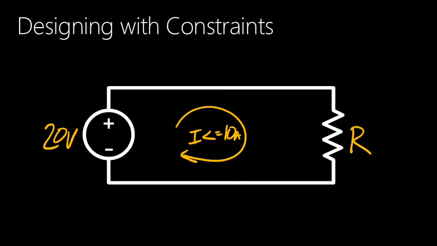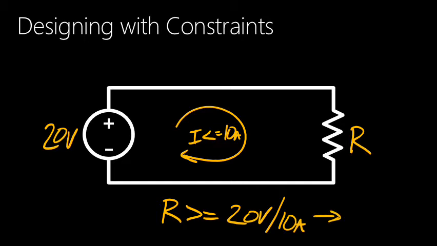So in the flashlight, this would be the light bulb. So solving for R, we could use Ohm's law to say R needs to be greater than or equal to 20V over 10A. So this would imply, of course, that we would need a resistor of at least 2 ohms to be successful with this product.